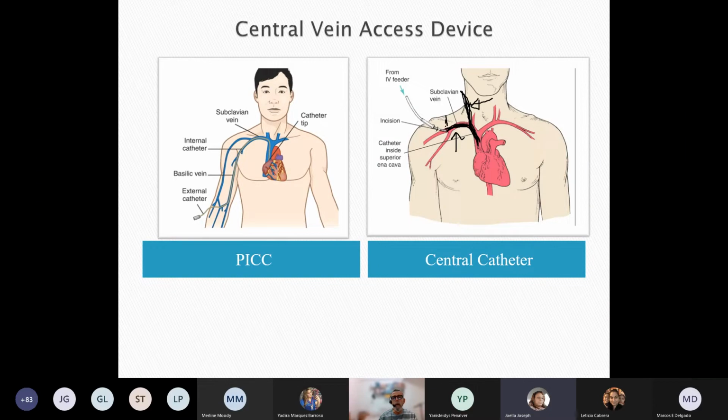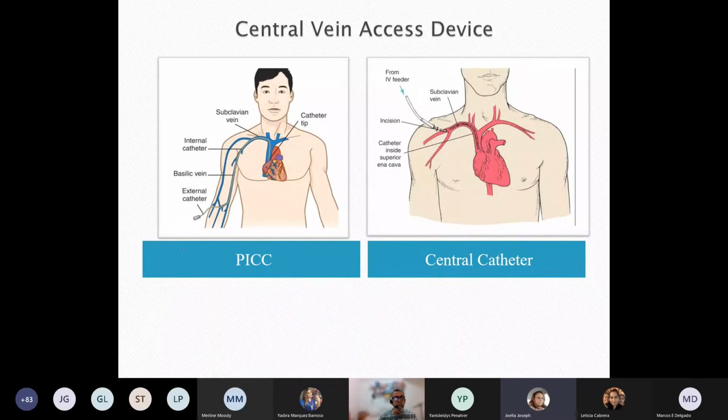The distance from here to the heart is much shorter. If we compare jugular with subclavian, jugular has, by statistic, by experience, a higher incidence of infection compared with subclavian. It looks that this area of the skin has more flora and more moisture than the subclavian area, but both are short central catheters with high risk of infection.